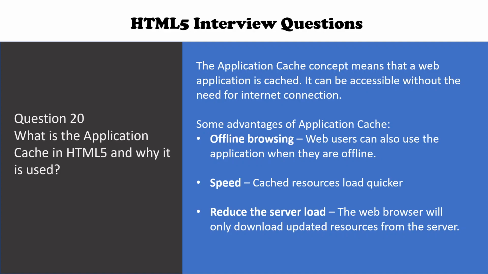Web users can also use the applications when they are offline. Speed. Cached resources load quicker. Reduce the server load. The web browser will only download updated resources from the server.